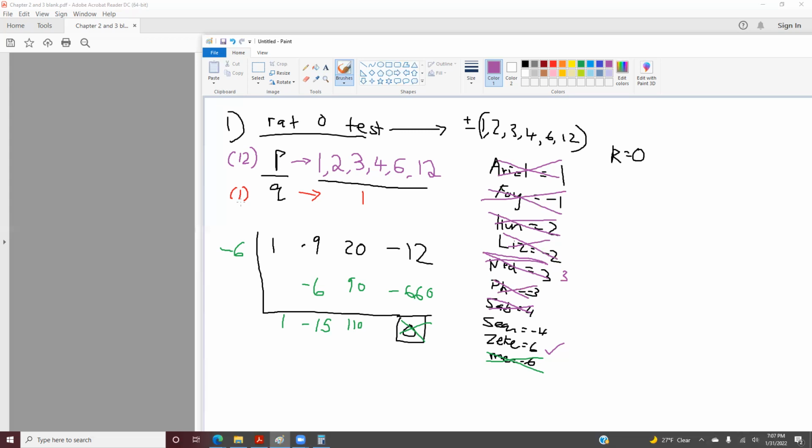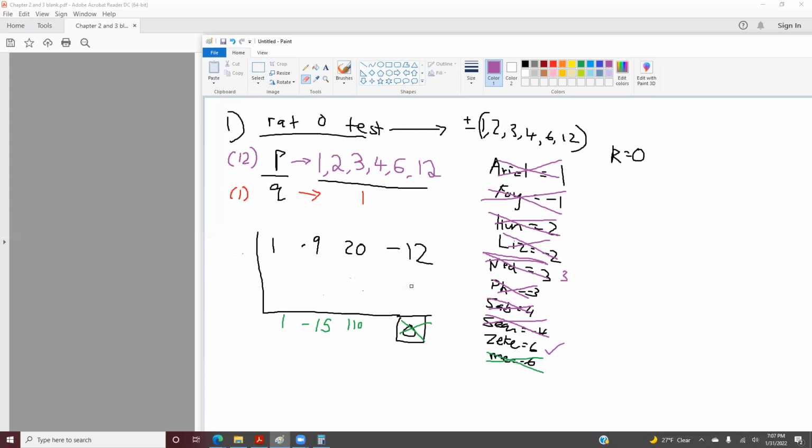Sean, -4 doesn't work. Someone is wrong here, I can tell. You must be good at synthetic division.